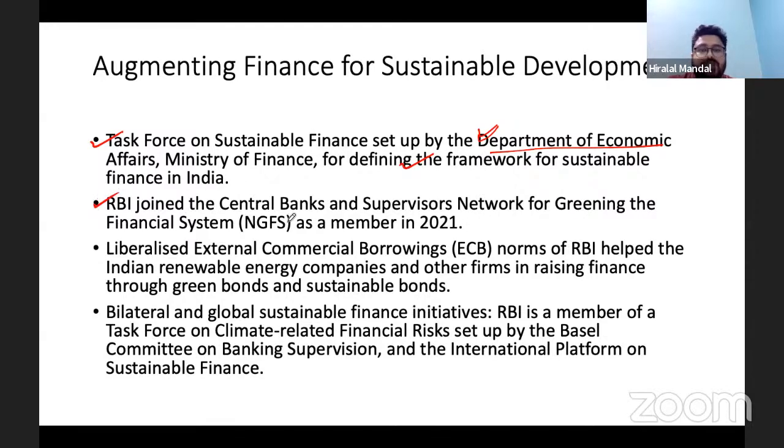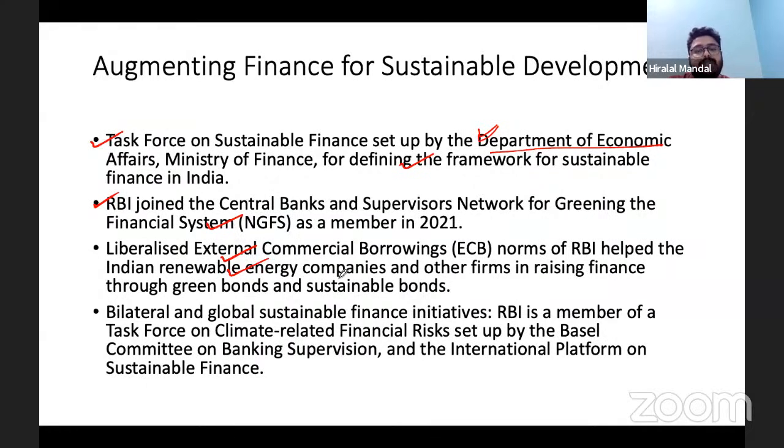RBI joined the Central Banks and Supervisors Network for Greening the Financial System as a member in 2021. At the same time, the liberalized external commercial borrowing norms of RBI have also helped Indian renewable energy companies.